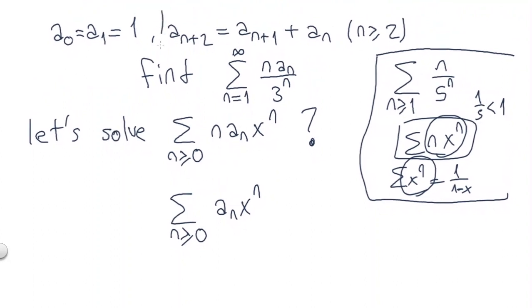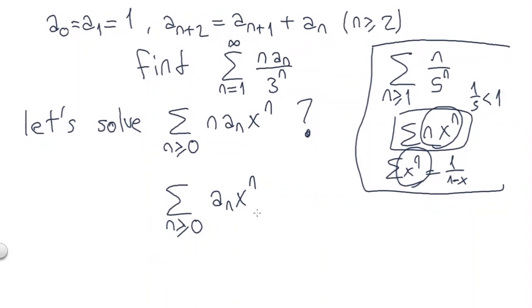So I'm given this recurrence relation, and I'm going to use that. Let's call this sum f(x). The name is not so important, but I will try to find f(x) in probably a rational form. Most generating functions look like rational functions.